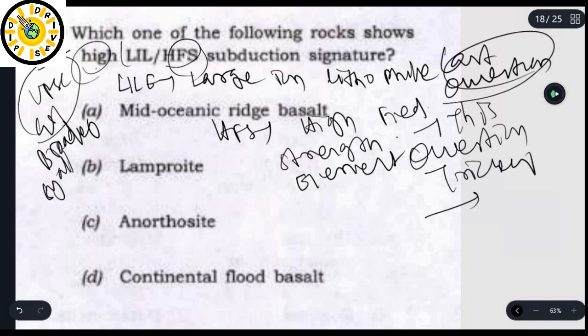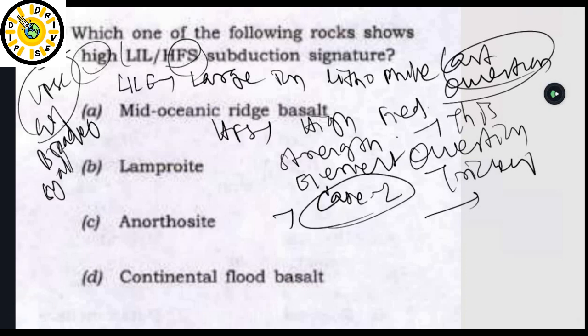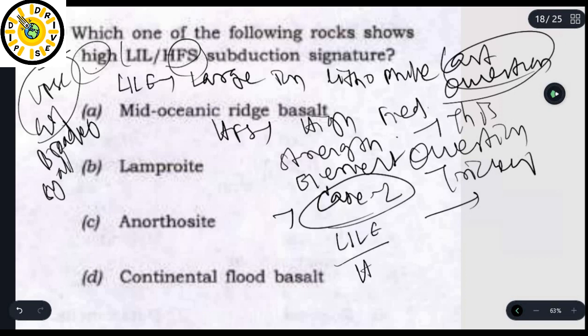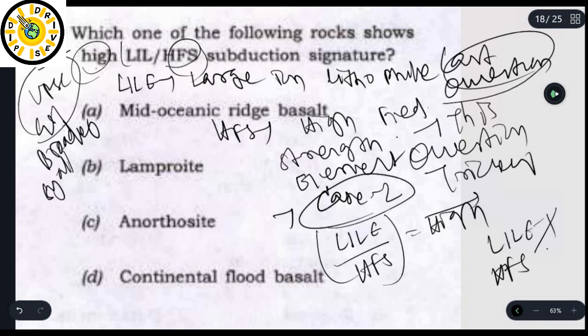See, this is case 2. Even if I don't understand the exact meaning of the question, whether UPSC-GSI is asking LILE by HFSE will be higher, or LILE will be higher and HFSE will be higher as well. It doesn't mean a proper question.